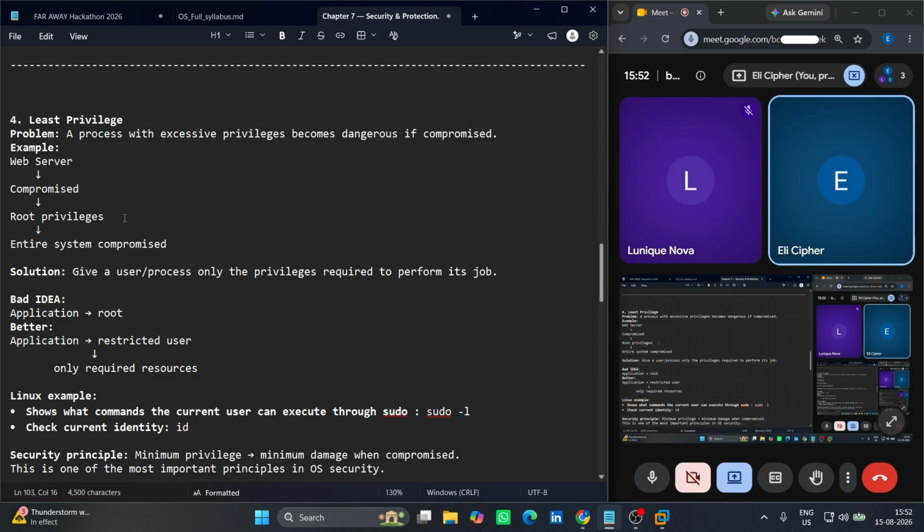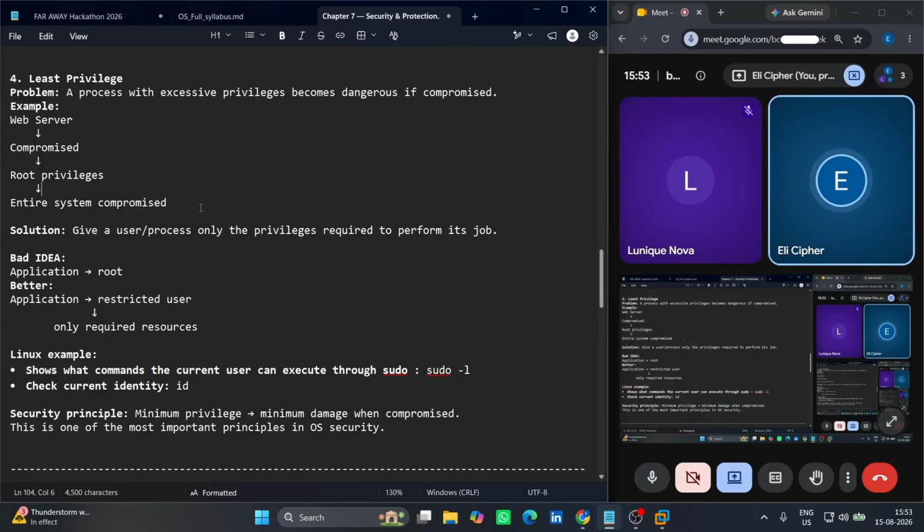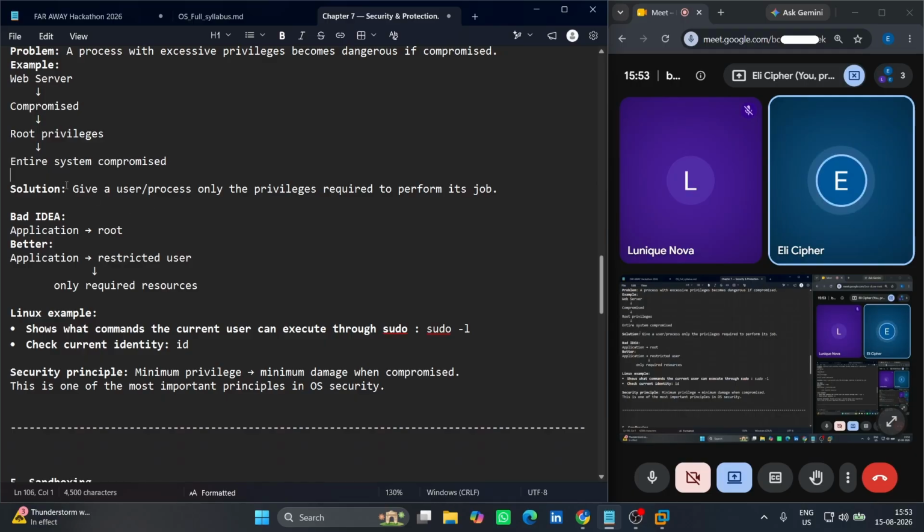It's just a scenario, but it can be because the web server got compromised and the attacker used it to get root privilege, right? If it's getting too technical, just understand what I am trying to say. You need not go too deep into it. Once we have root privilege, we can compromise the whole system, which is very dangerous. So what is the solution?